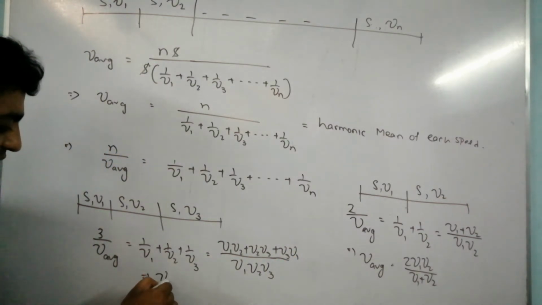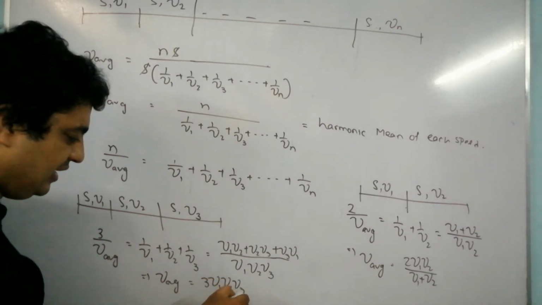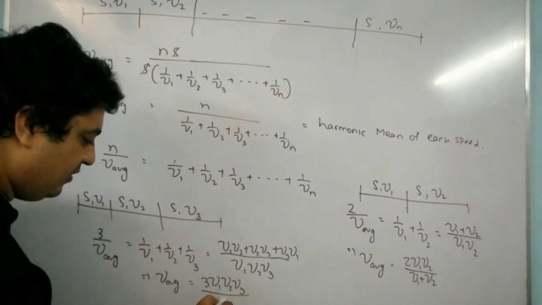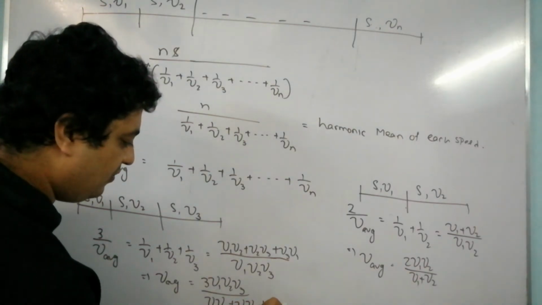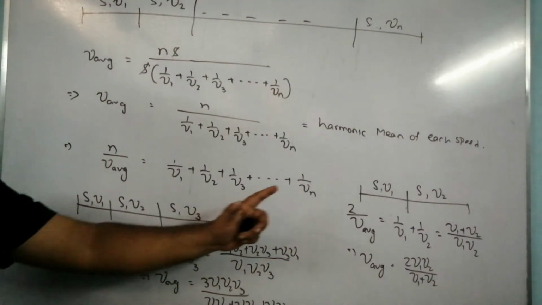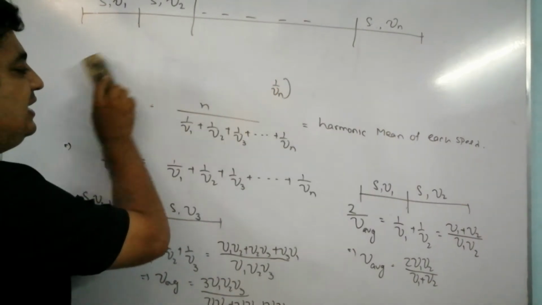So V average will be 3 V1 V2 V3 divided by V1 V2 plus V2 V3 plus V3 V1. So now we'll go for the next case.